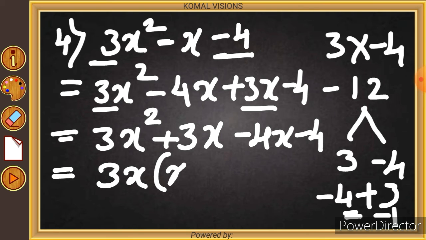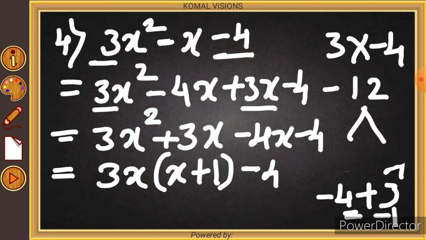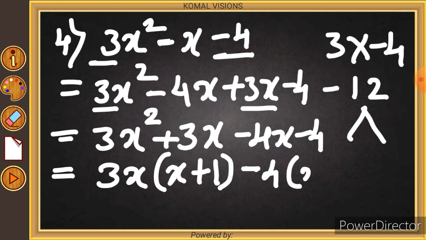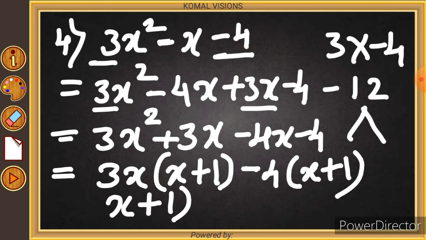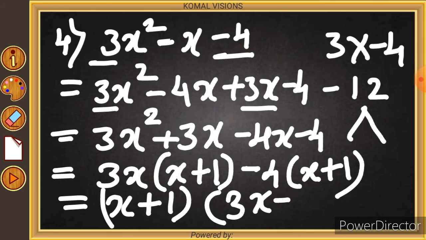I'll be left with x plus 1, and minus 4 I can take common here, so I'll be left with again x plus 1. If you see, again x plus 1 is common in both the terms. I'll take x plus 1 common, and the remaining term is 3x minus 4.